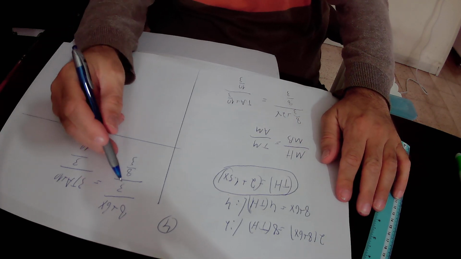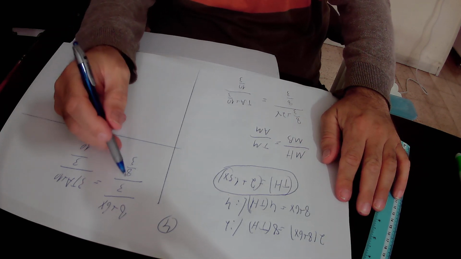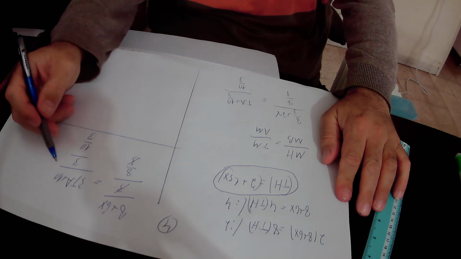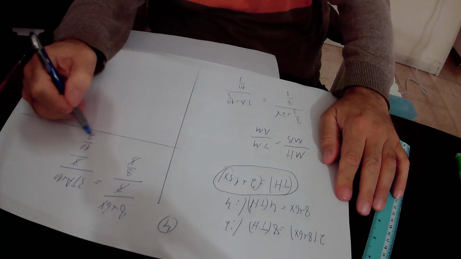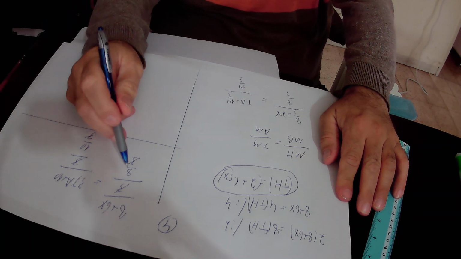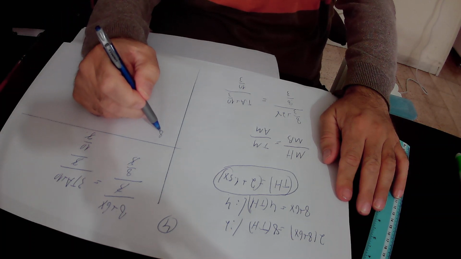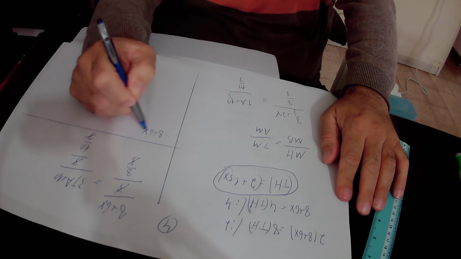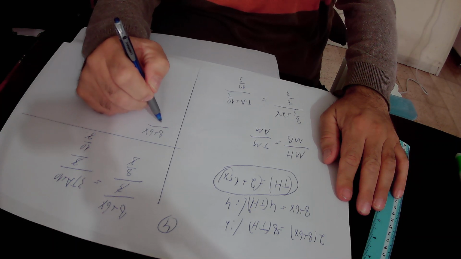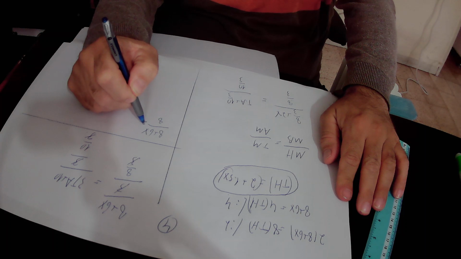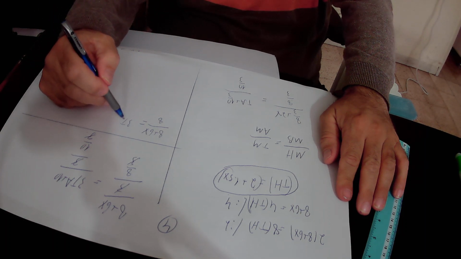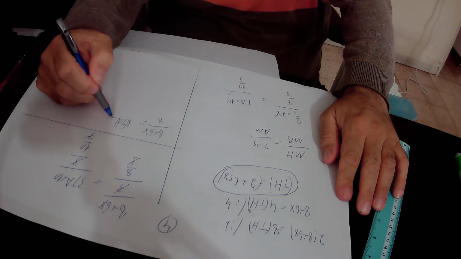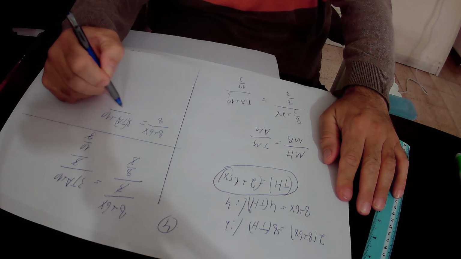We have 3 in the numerator and 3 in the denominator, so 3 will get cancelled. On this side of the equation we are left with only 8 plus 6x over 8, which equals 3TA plus 10 over 10.